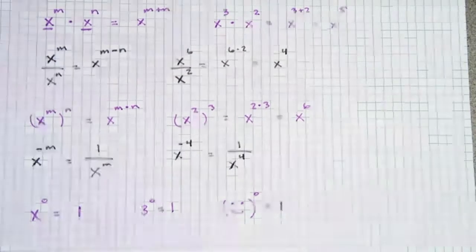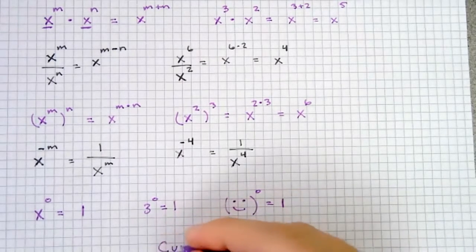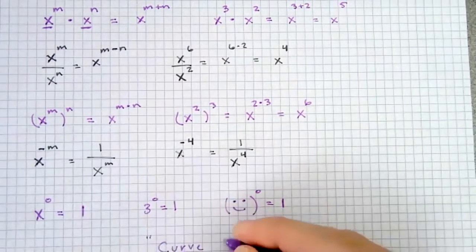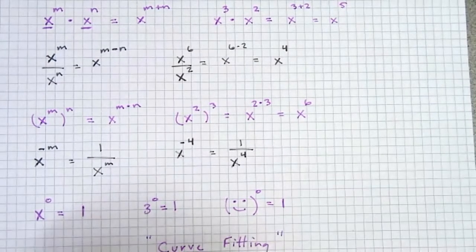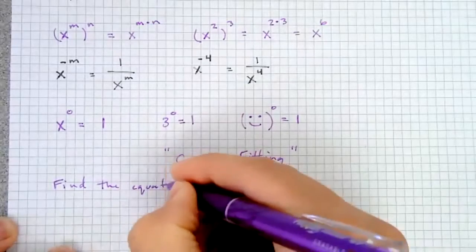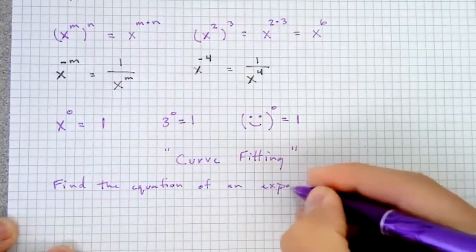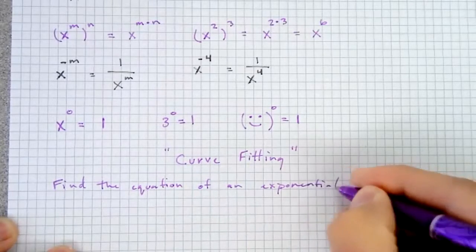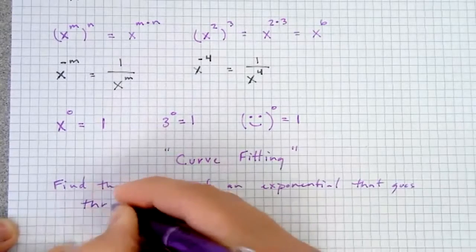Okay, so today what we're going to talk about is referred to as curve fitting, which means we're going to find the equation of an exponential that goes through 2 points.